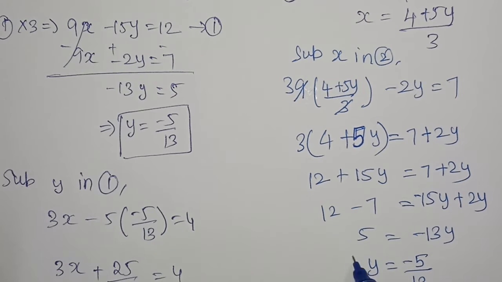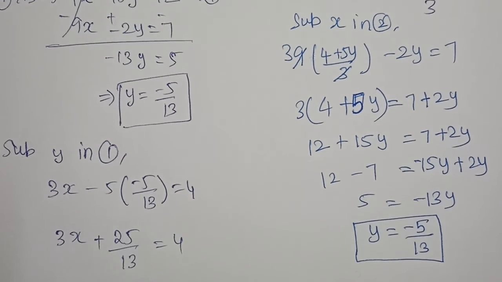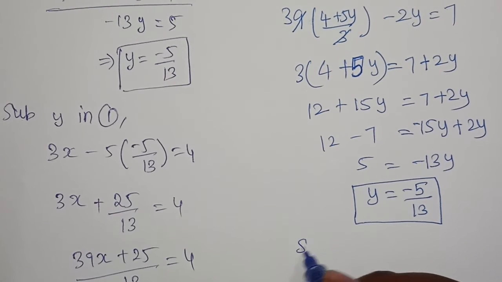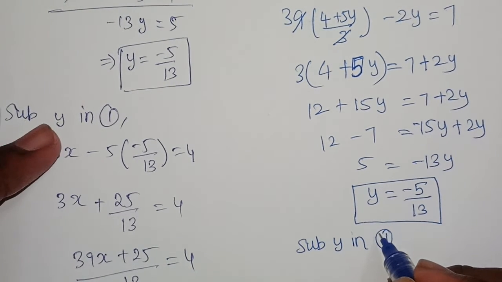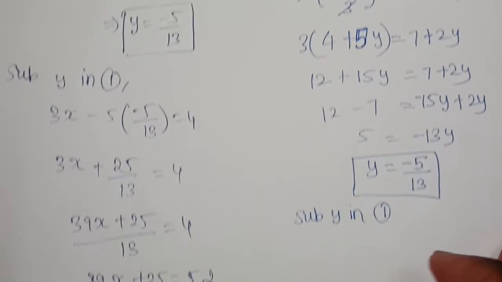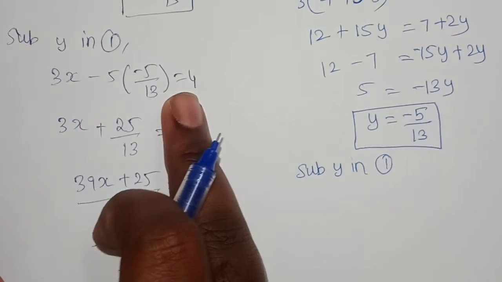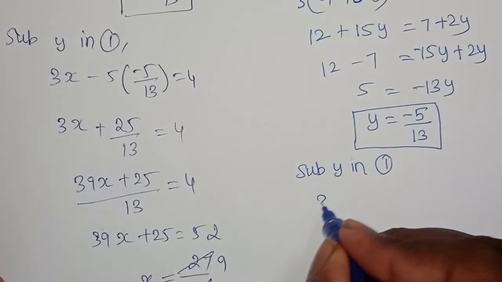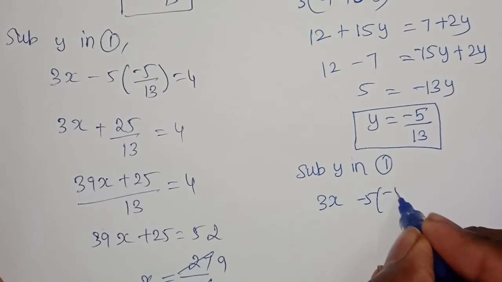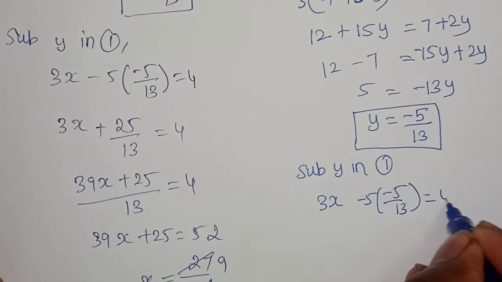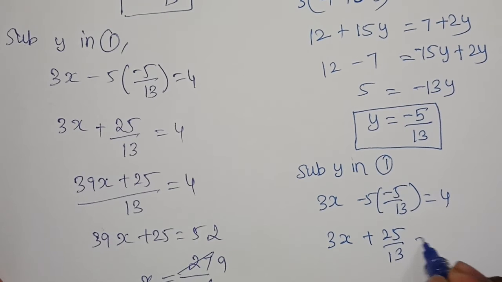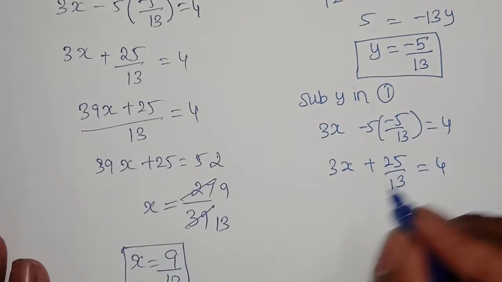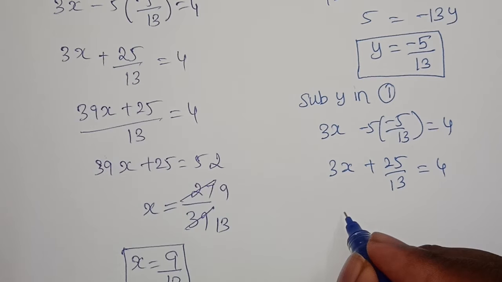Note that the same answer comes in both methods, elimination and substitution. Substitute y in equation number 1. It will be the same step, so you can write the same. Minus 5 by 13 equal to 4, 3x plus 25 by 13 is equal to 4.